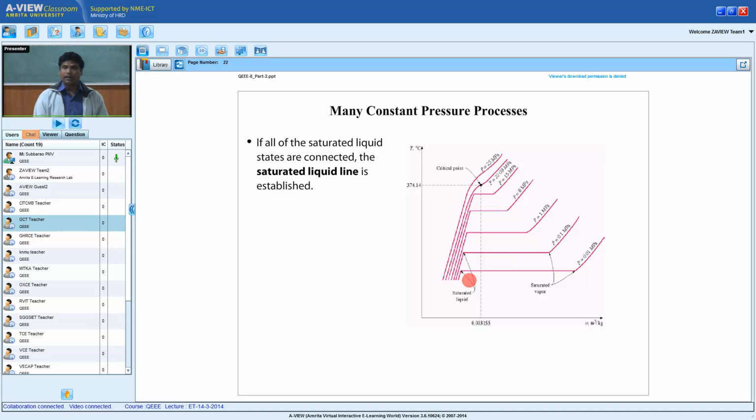As I go on heating the liquid, the first time the temperature stopped changing and volume started increasing tremendously. Again when I increase the pressure, the temperature changed. That's how these points are called the saturated liquid line. I am trying to join them with a blue curve, and afterwards there are other points.